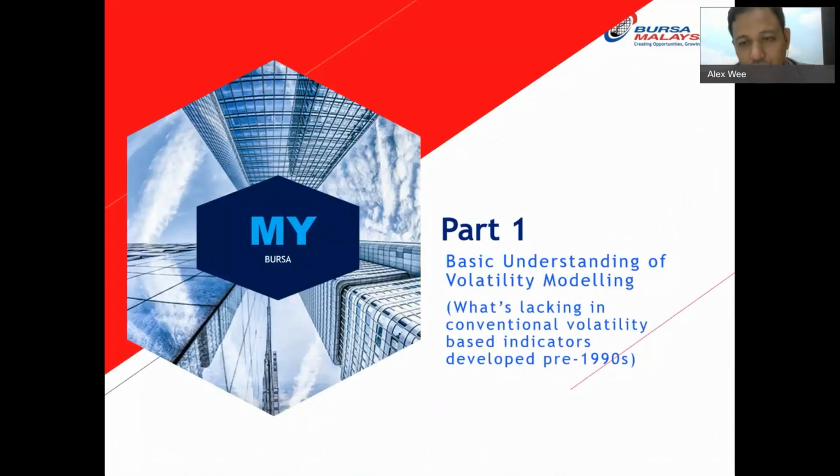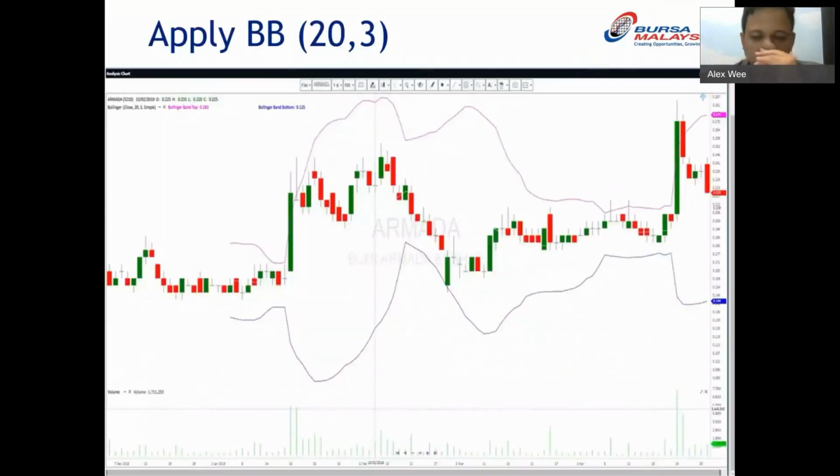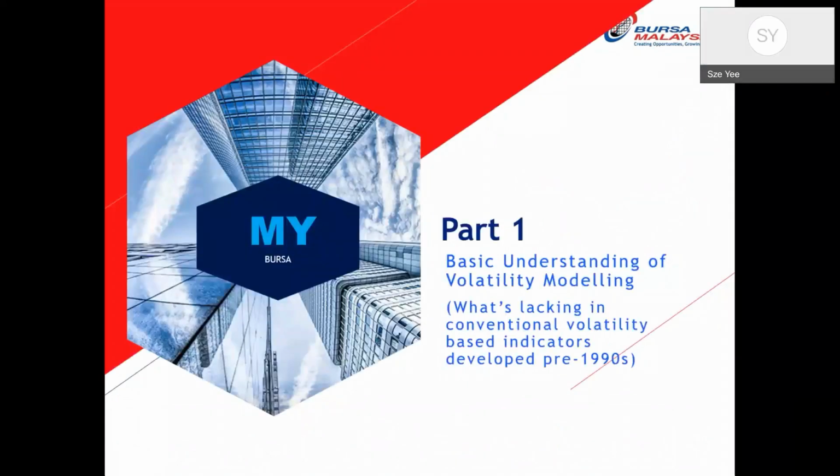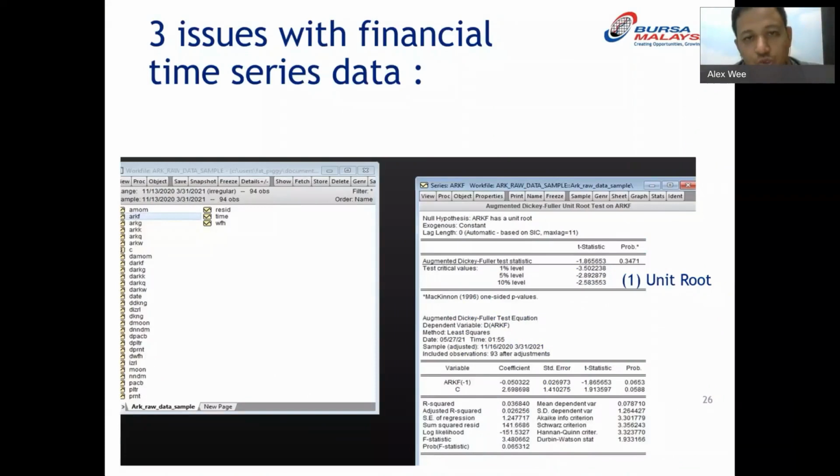But today we are here to discuss why we are even discussing something more than this. If these two are perfect and you can make a lot of money with Bollinger Band and ATR alone, why do we even bother to discuss? So we are going to discuss what was lacking in these two indicators, which were developed pre-1990s. When we come to volatility modeling, there were three issues with financial time series data.